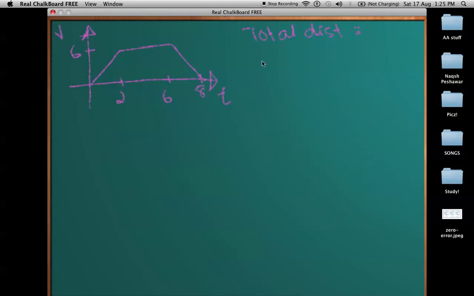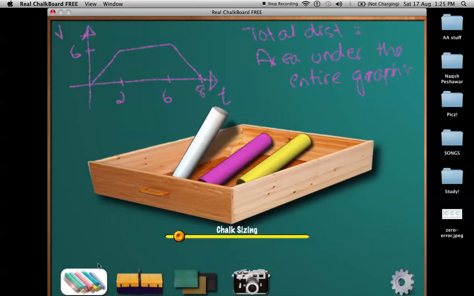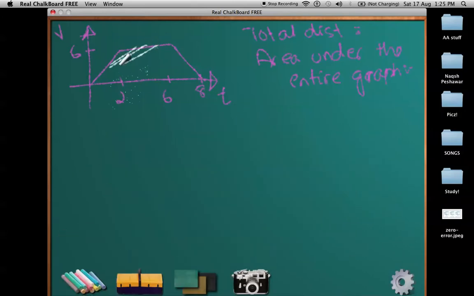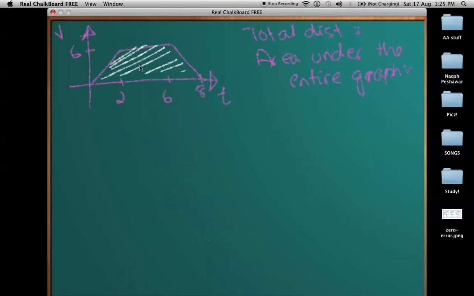We know the total distance traveled is simply the area under the entire graph. Since they're saying total distance, we will consider the entire thing. Now you can divide it into sections like we did earlier, find the area of each and add them up, or we can just take it as a trapezium.